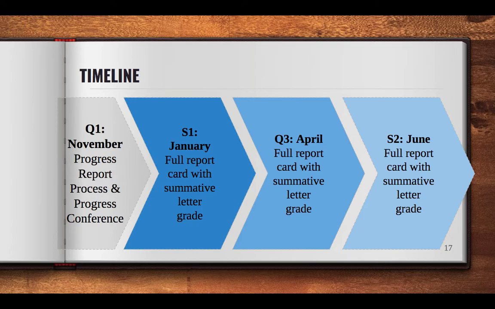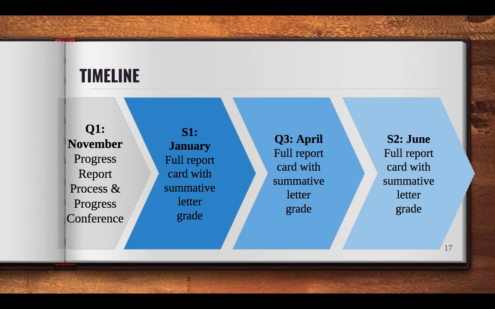At the end of semester 1 in January, you will receive a full report card. On this report card, you will receive a summative letter grade, the A, the B, the C, or the D. This summative letter grade is an indication of how the child has progressed over the course of the entire semester in that class. At quarter 3 in April, again, you will receive a progress report.